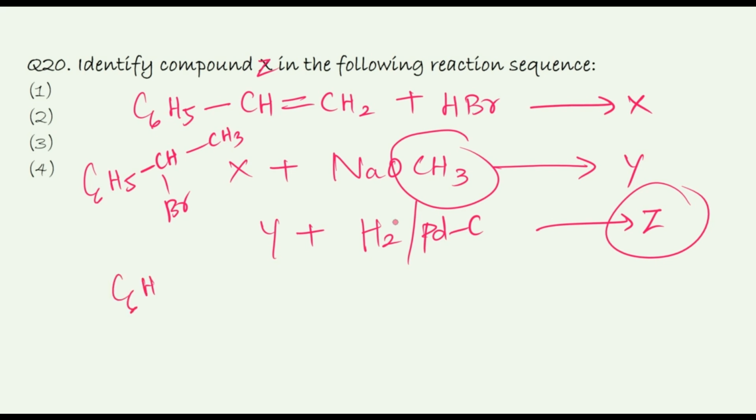So it will form C6H5CH(OCH3)CH3. Then hydrogen with palladium is catalytic hydrogenation, a reduction. In this case there are no groups to reduce; the methoxy ether is stable under this condition, so it will stay as it is.